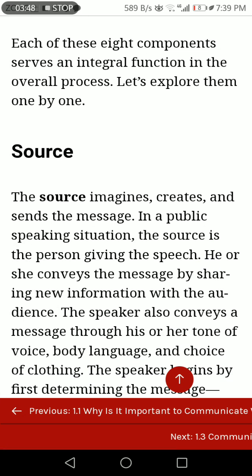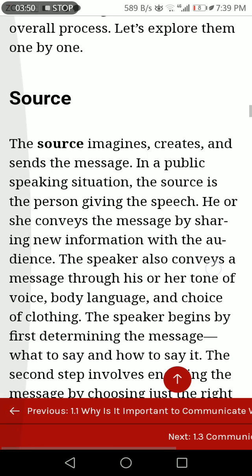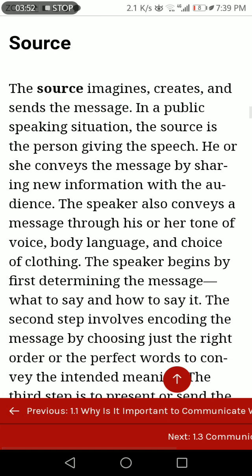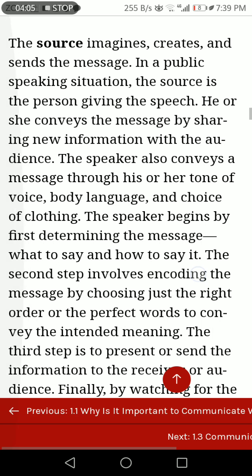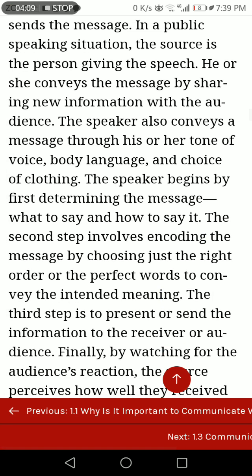Source. The source imagines, creates, and sends the message. In a public speaking situation, the source is the person giving the speech. He or she conveys the message by sharing new information with the audience. The speaker also conveys a message through his or her tone of voice, body language, and choice of clothing. The speaker begins by first determining the message, what to say and how to say it.